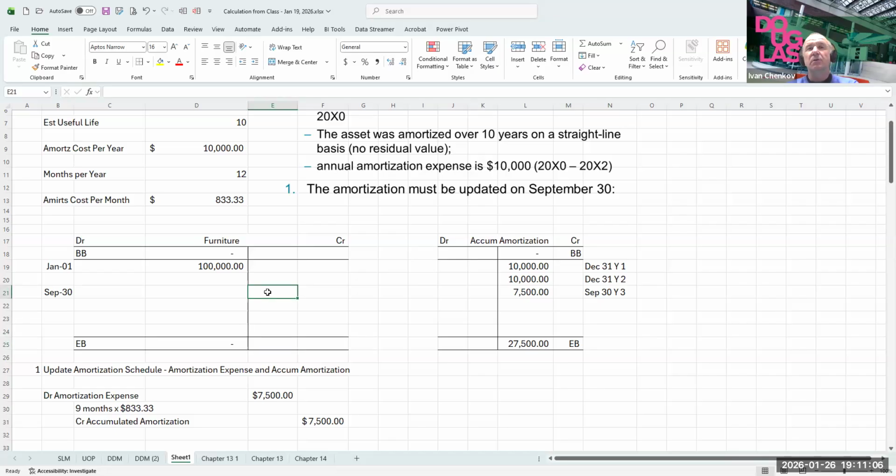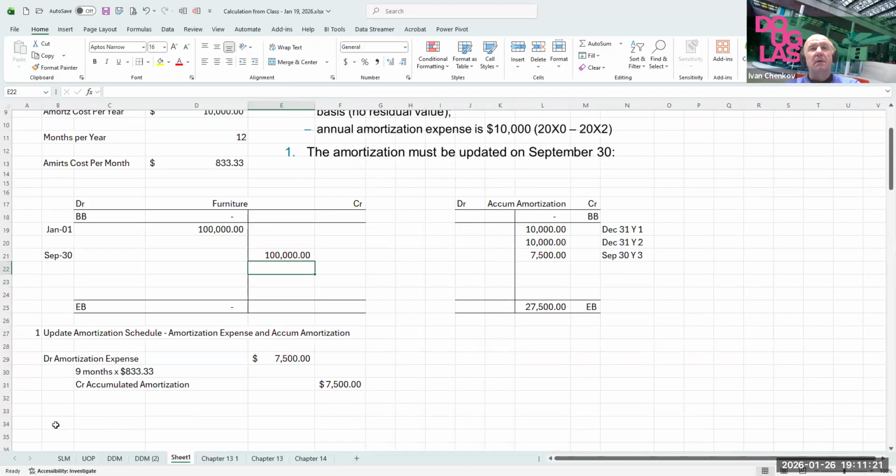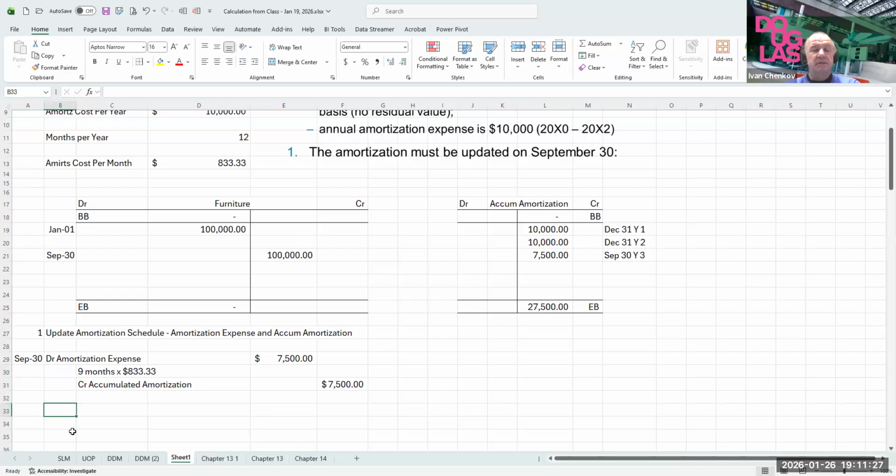I sold it. It's gone. So first thing, let's update the furnitures. This asset has to be gone, so 100,000 gone. That will be the first thing that we have to do. September 30th, the first entry to date. The second one is to account for the sale.